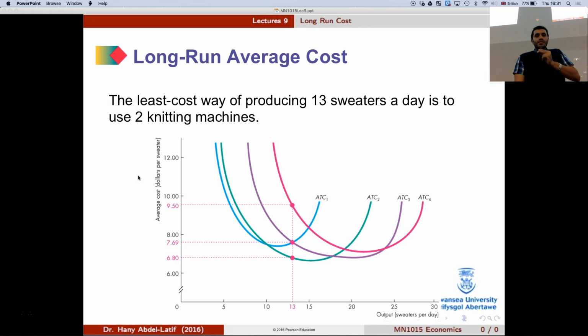So that makes it very clear now. The least cost way of producing 13 sweaters a day is using 2 knitting machines, which is plant 2, the green, this point, which will cost us 6.8.